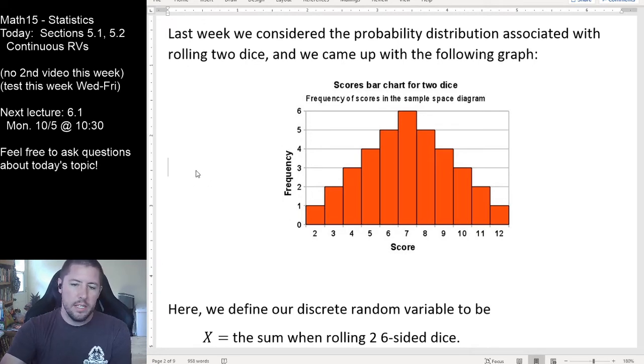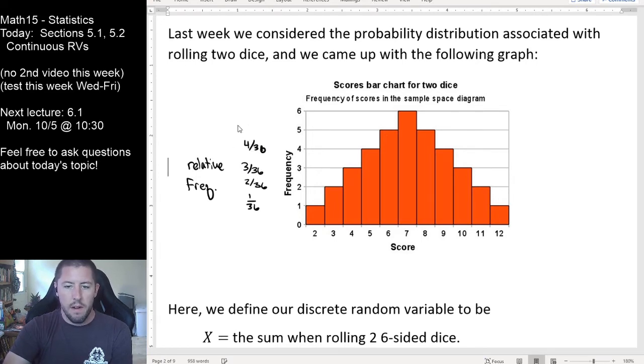What I want to do is also add on a column over here instead. That should be our relative frequencies. This is what we did when we did this one last week, is our relative frequencies we knew were things like a 1 out of 36 and a 2 out of 36, etc., on up the row here. These are the proportions of responses that we expected to fall into these categories here.